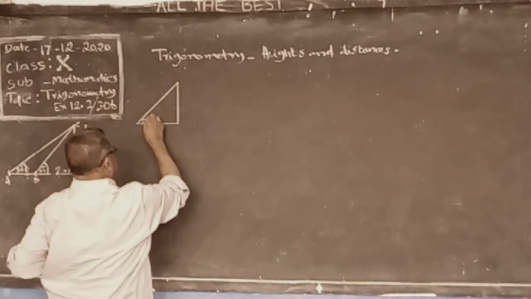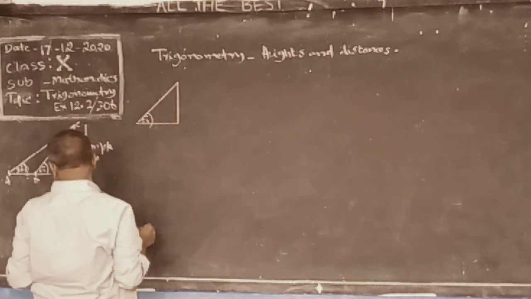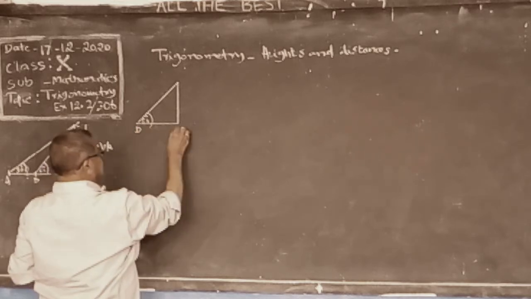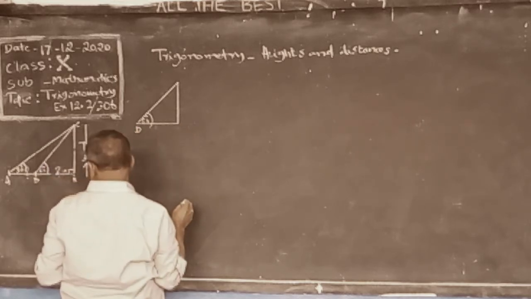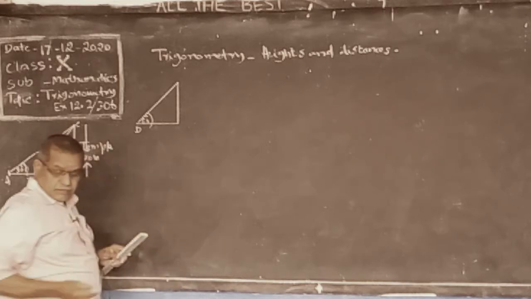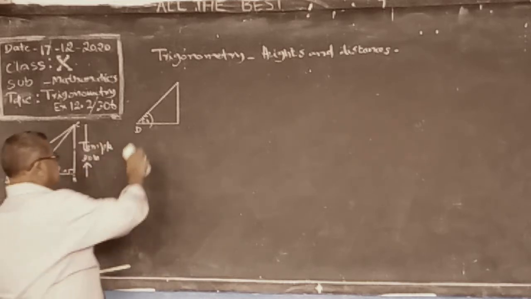Say 60 degrees. This is DBC. Otherwise, I will write the first triangle ABC.